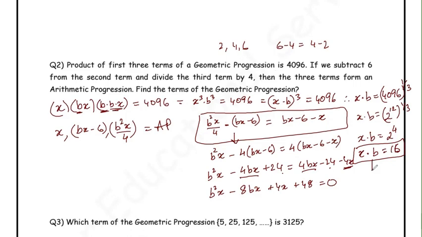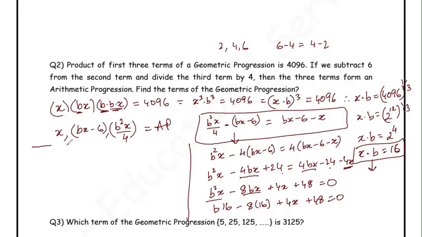Now we'll plug in the value of bx in these two. So this is b into bx. So b into bx, we can write as b into 16, minus 8 into 16, plus 4x plus 48 is equal to 0.